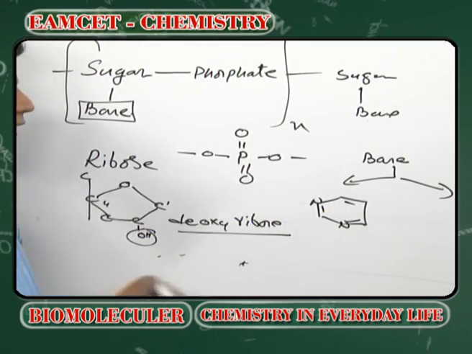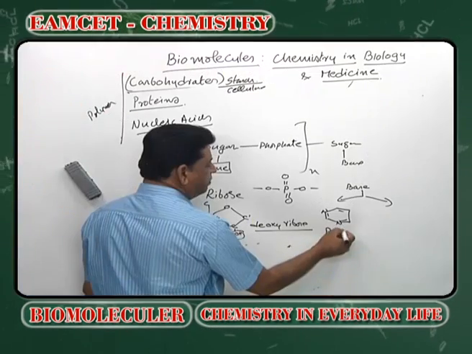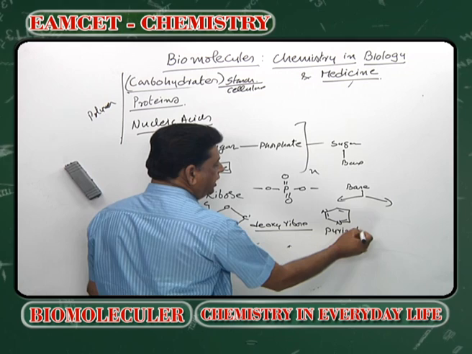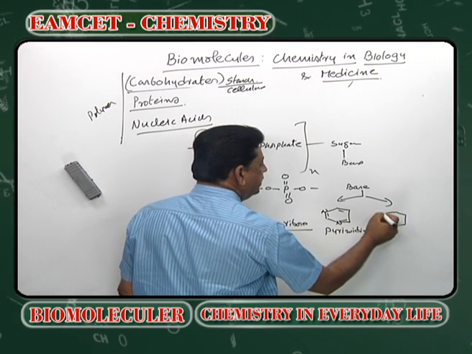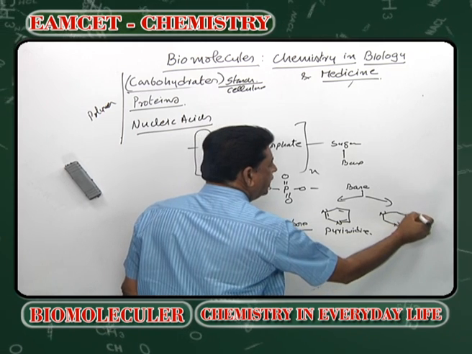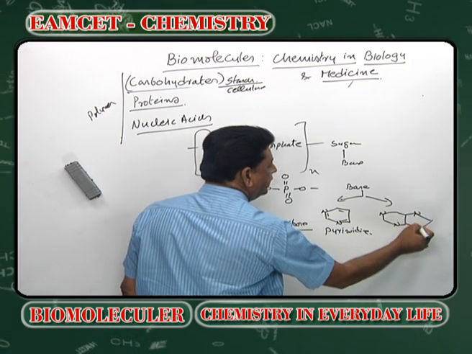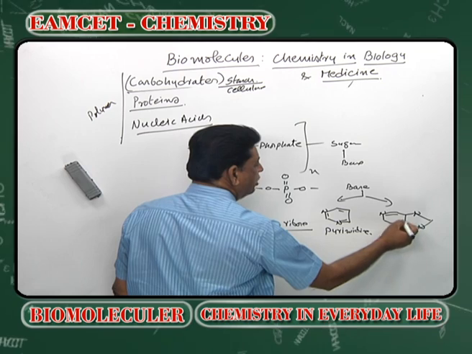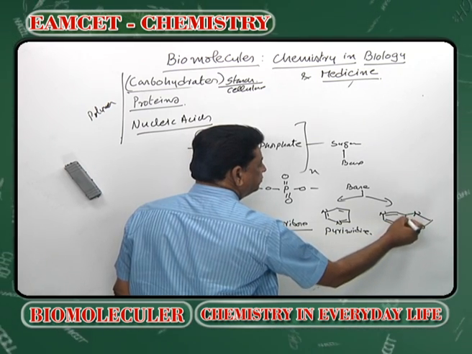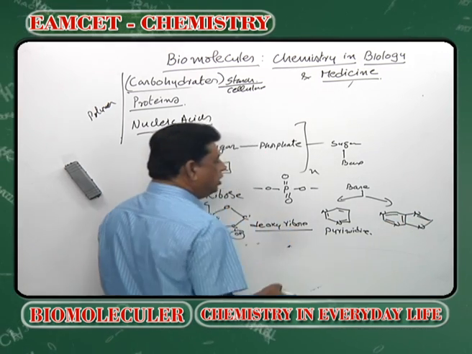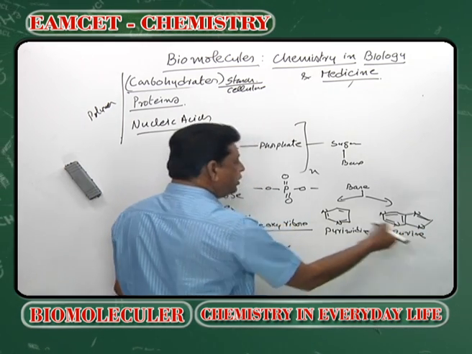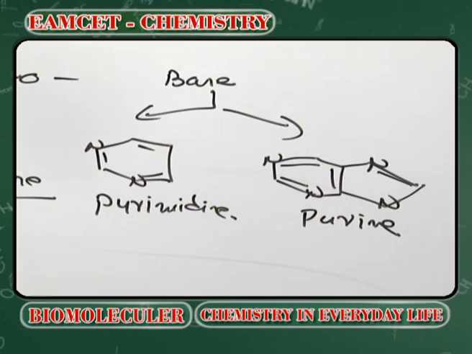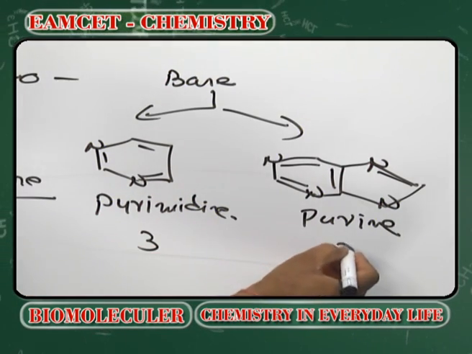This is called the pyrimidine type of base. Another type is a 6-membered ring of pyrimidine also connected with a 5-membered ring containing 2 nitrogens. This is also an aromatic system. This is called the purine type. So there are 3 pyrimidines and 2 purines.